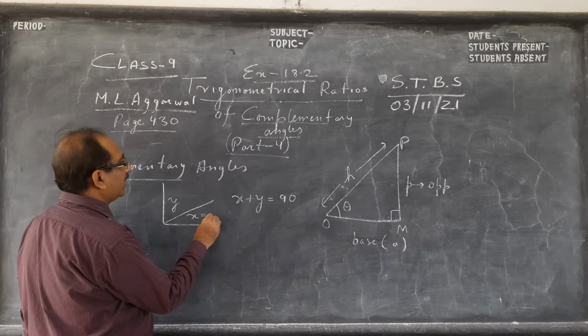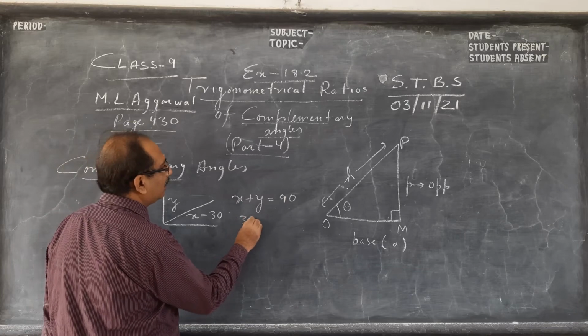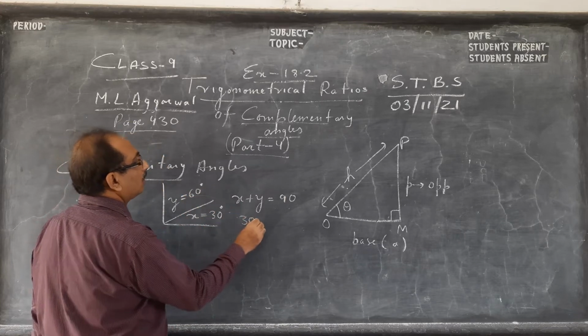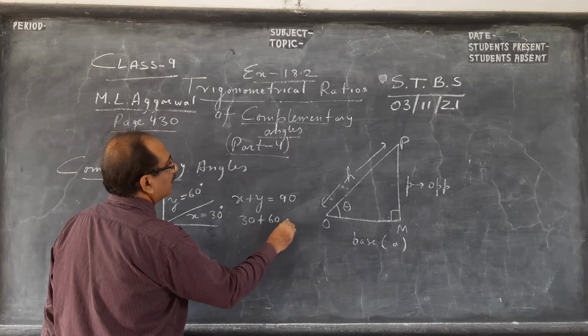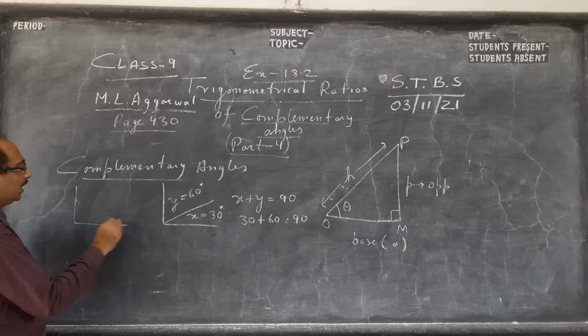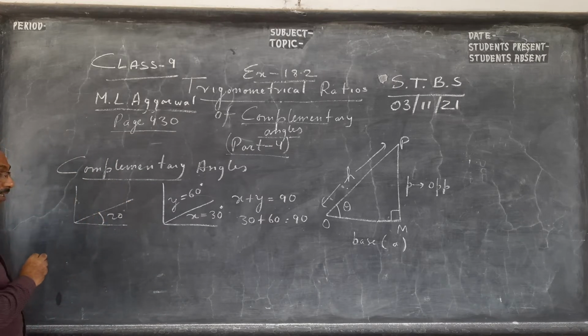Example, if you see, if x is 30, what will be y, children? 30, what will you add? So that, you must write degree, you will get 90. Okay, so if one of the angles you know, suppose I tell you one of the complementary angles is 20 degrees. What will be the other angle?